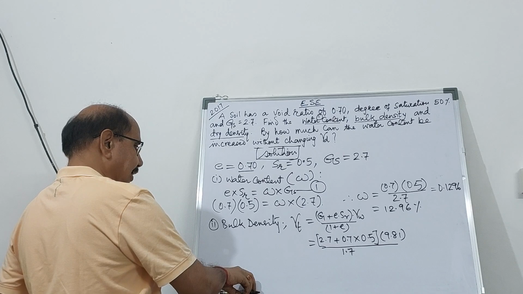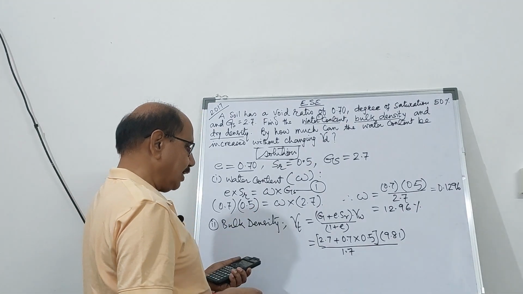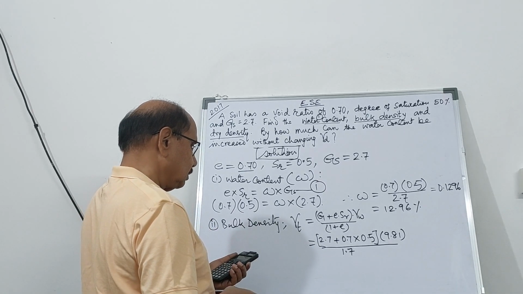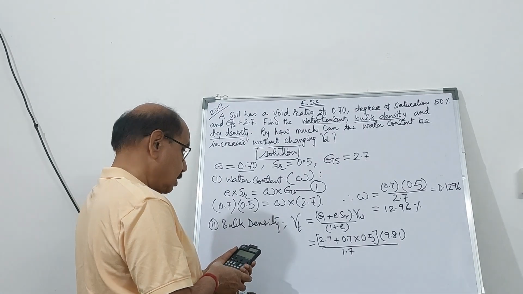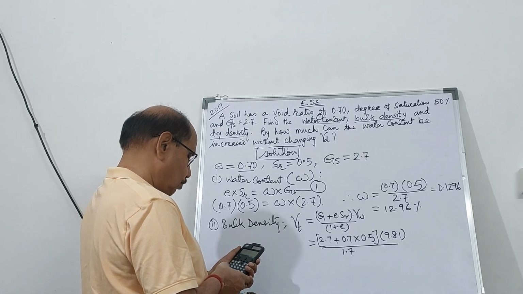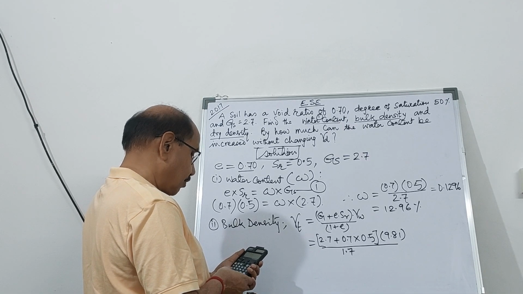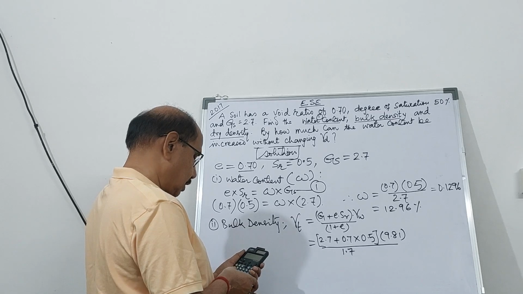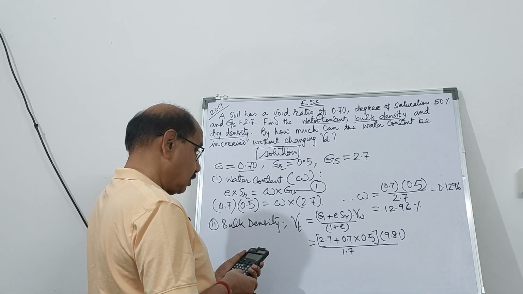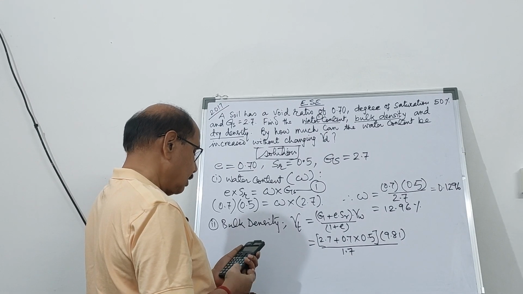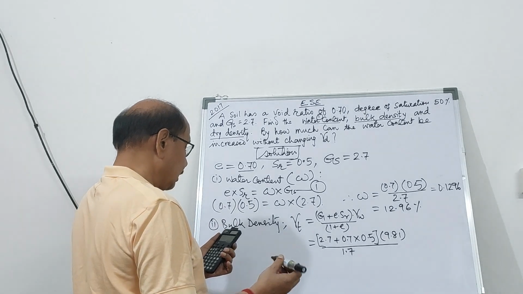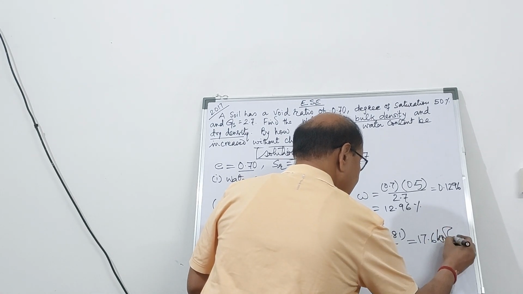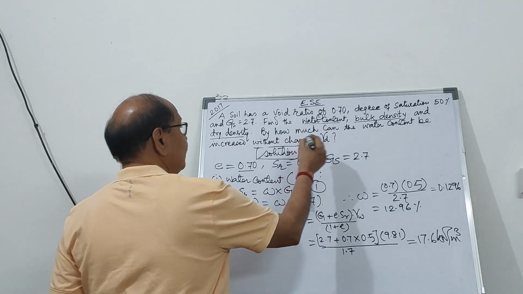So by simplifying, I can calculate the value of gamma T. So 2.7 plus 0.7 into 0.5, multiplied by 9.81, divided by 1.7 gives me 17.6 kilonewton per cubic meter.